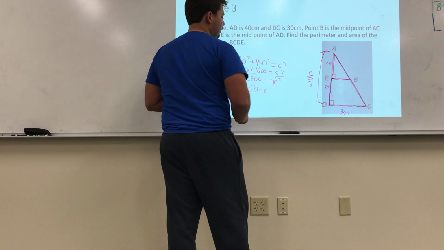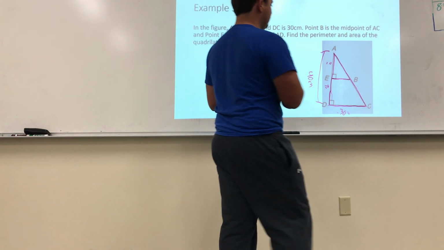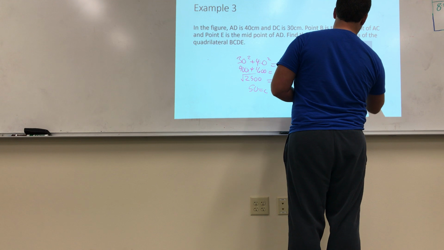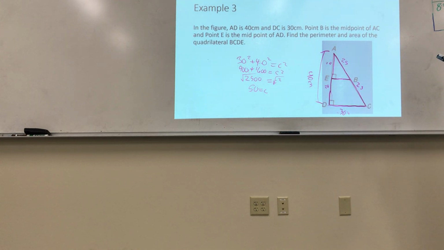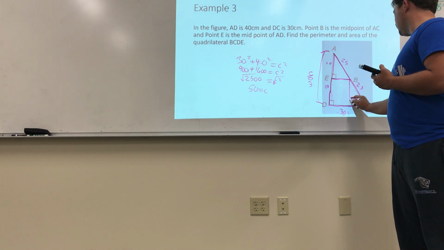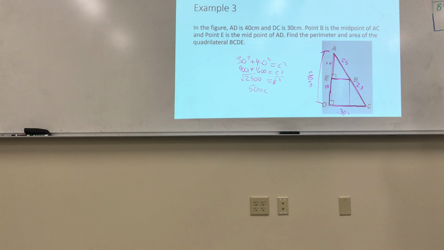So c equals 50. Which then means this is 25, this is 25, and this whole thing is 50, but this was a midpoint. So, I've kind of got another thing. Once again, I am going to split this when I get there to find the area.